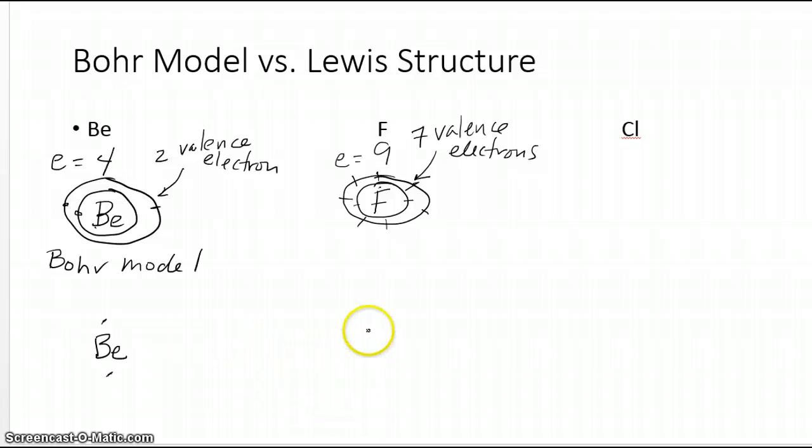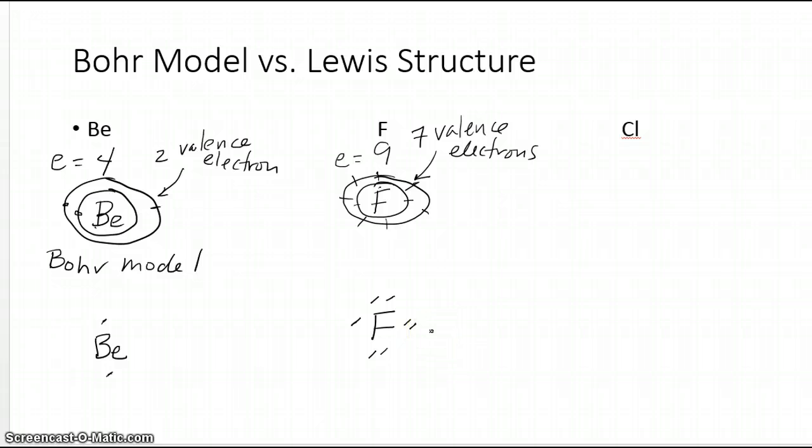To create a Lewis structure of this one, I'm going to again write the chemical symbol. And this time I want to make sure that I draw 7 valence electrons. The way that I do it is I start with the north, then go to the south, east, and west. I should be drawing these as dots, it's just that my computer doesn't let me do that. So far I have 1, 2, 3, 4, 5, then continue on to the south, 6, and 7.